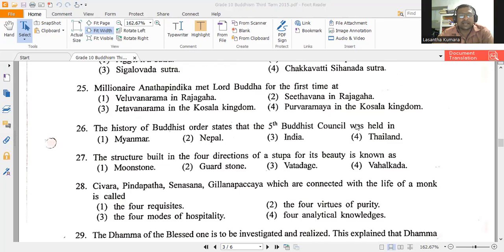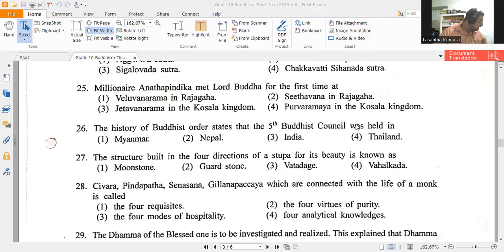Is it Vatadage or Vahalkada? Vahalkada is the entrance. So Vatadage is something built around a stupa. We call it Chetiyagara also, and if it is around a Bodhi tree, we call it Bodhigara. So Vahalkada is something for the beauty, as it is given here.